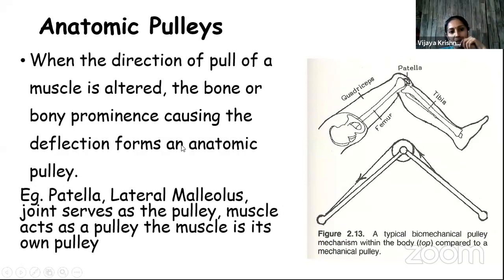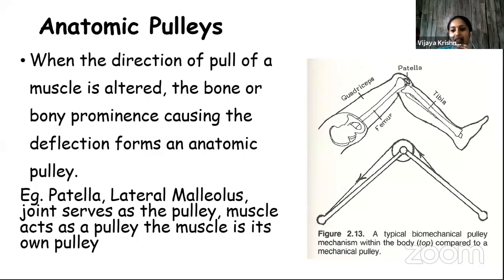Now, anatomical pulleys are of four classes. Class 1, where the bone itself is acting as a pulley, that is the patella. Class 2, where it is either a cartilage or another bone, another surface that is acting as a pulley, like the lateral malleolus. The third class, wherein a muscle acts as a pulley to another muscle. An example is the biceps brachii and the brachialis.